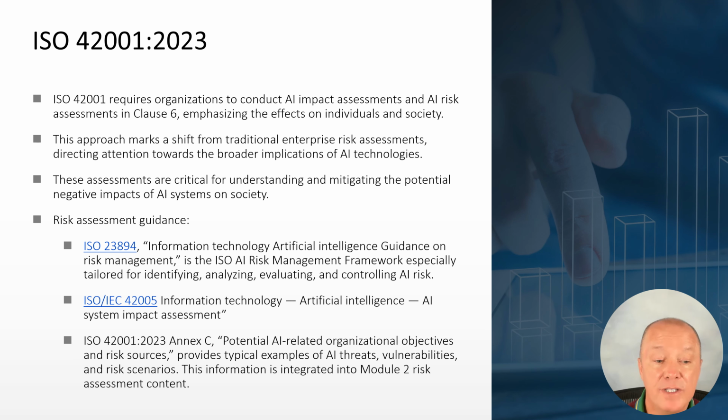And then in ISO 42001 itself, in Annex C, it provides informative guidance with the potential AI related organizational objectives and risk sources that provides typical examples of AI threats, vulnerabilities, and risk scenarios. Of course, this information will be integrated into Module 2 risk assessment content.